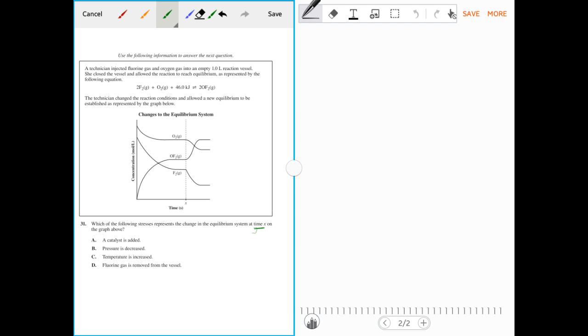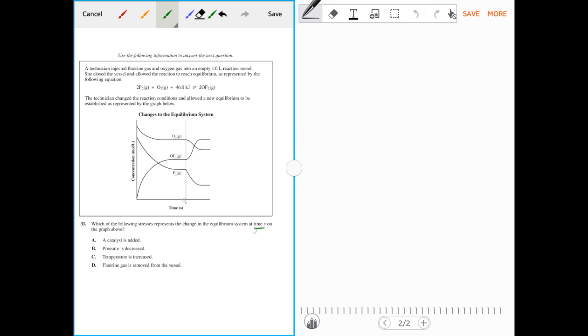So let's go through some of these possible situations and see if they make any sense. So it says a catalyst is added. Now, a catalyst added, again, will not change where an equilibrium is met. It will just change how fast.